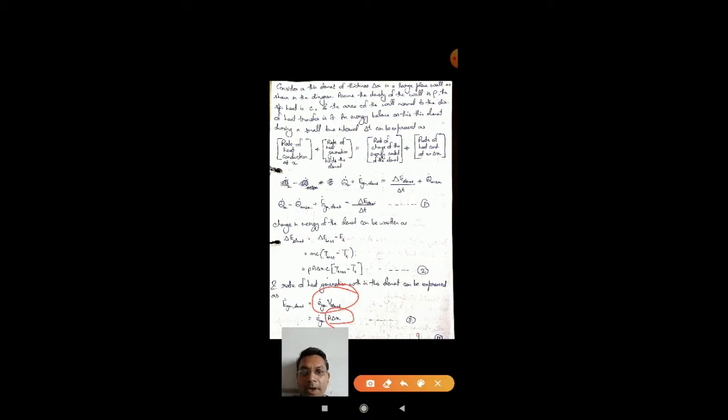This is the volume under consideration. Putting all these equations, that is equation number 2 and equation number 3, into equation 1.